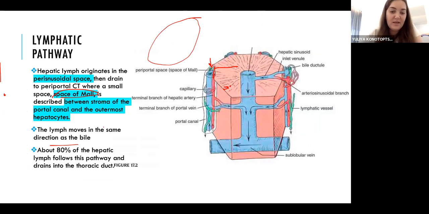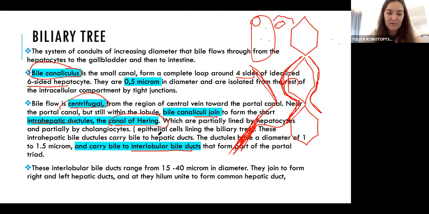So these are the interlobular bile ducts. These interlobular bile ducts are going to fuse together eventually and form a right and left hepatic duct, which will eventually fuse as well and form the common hepatic duct.